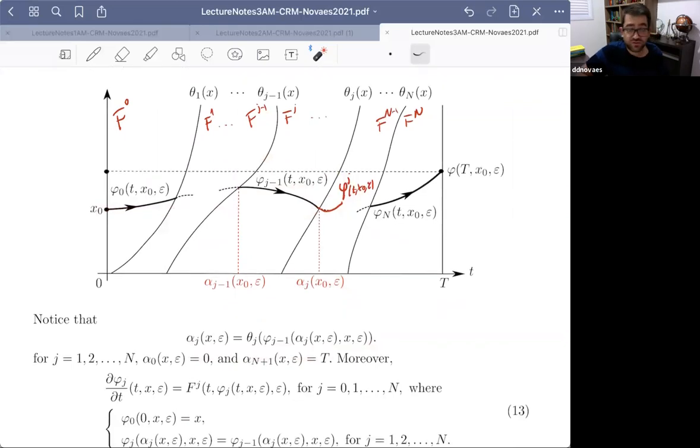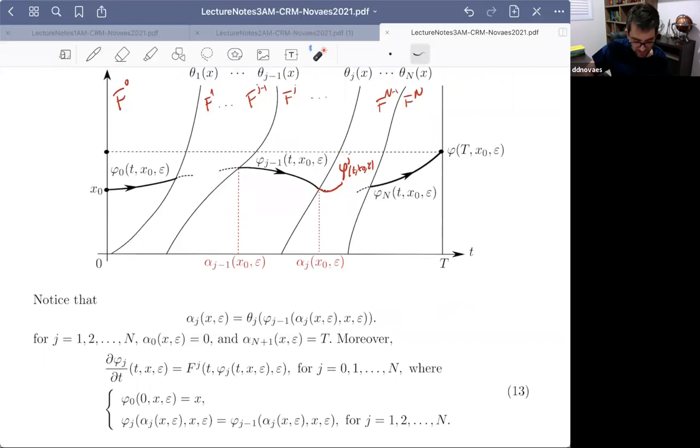It does not provide a formula for alpha j, but we can compute all the derivatives of alpha j implicitly by this relationship. Okay? Well, what we have to do now is just expand the displacement function in Taylor series. We have our trajectory, for a time t it reaches the section that we are interested in, and the displacement function is just this difference.